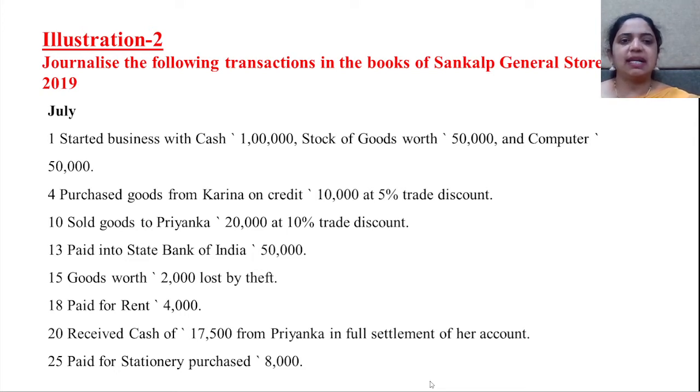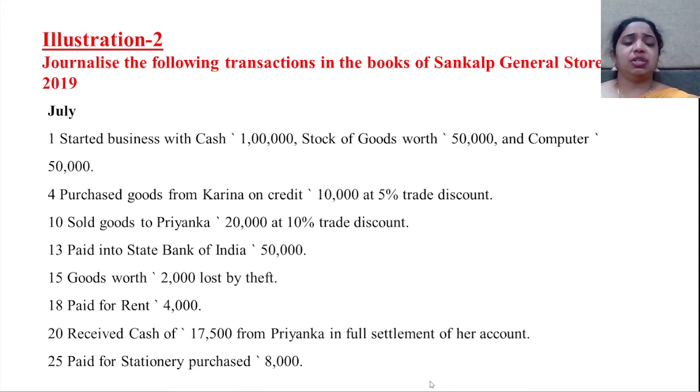The first is started business with cash rupees 1 lakh, stock of goods worth 50,000 and computer 50,000. Then transaction date 4, second transaction, purchase goods from Karina on credit rupees 10,000 at 5% TD.